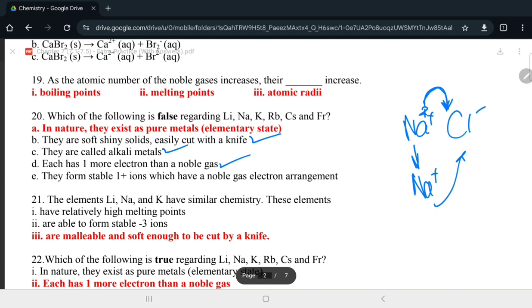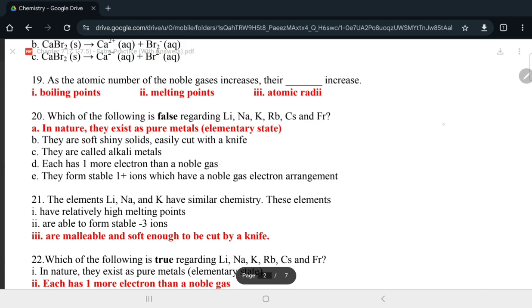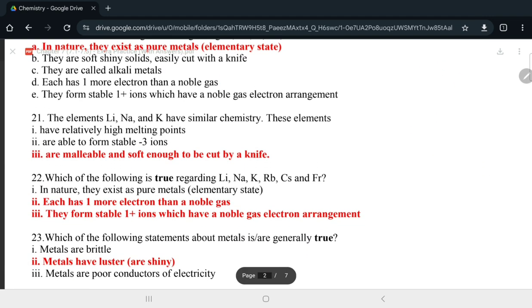When it loses the electron, that's when it finally achieves noble gas configuration, when it forms ionic compounds, or when they form stable +1 ions.